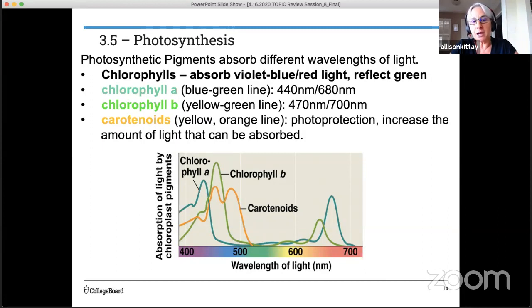They provide, again, an extension of the amount of light that can be absorbed, but they also are involved in photoprotection. It's kind of like if you go out in the sun and you want protection from solar radiation so you don't get a sunburn, you put on sunscreen. So you can think of the carotenoids as the sunscreen of the photosynthetic pigments.